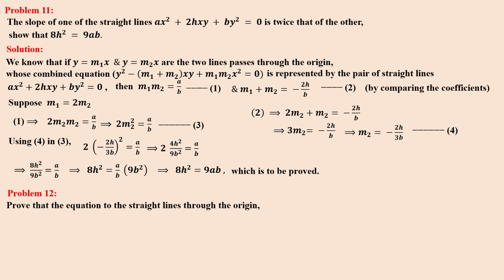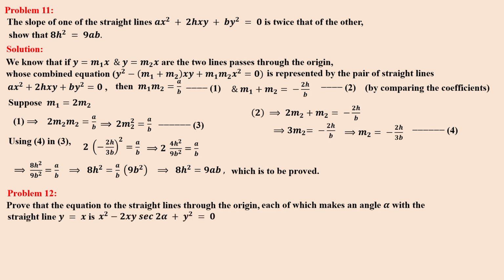Next problem. Prove that the equation of the straight lines through the origin, each of which makes an angle alpha with the straight line y = x, is x² - 2xy sec α + y² = 0.